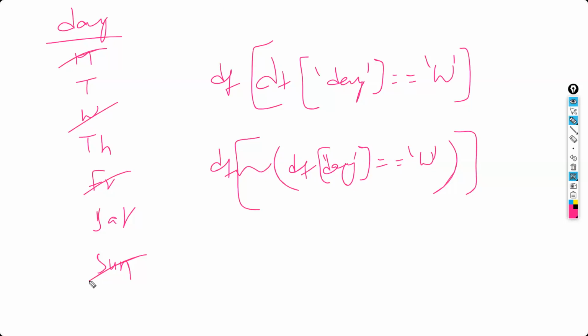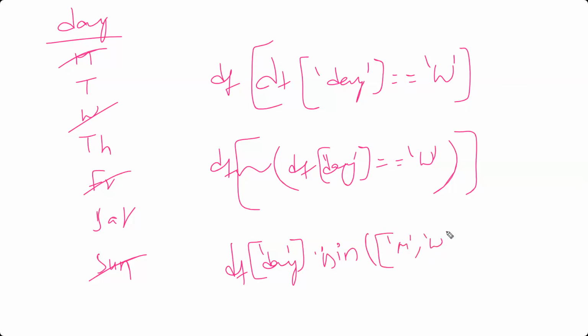Instead of writing like this, df of day, I'm going to use in. Directly I can't use in, so here there is a function called isin. Now I'm going to give the list of days I want: Monday, Wednesday, Friday, Sunday. If I write like this, it is going to select the days which are in this list.